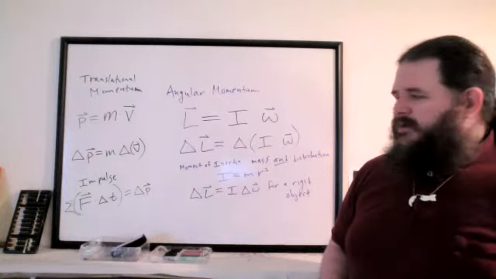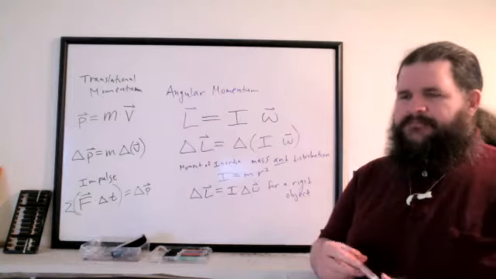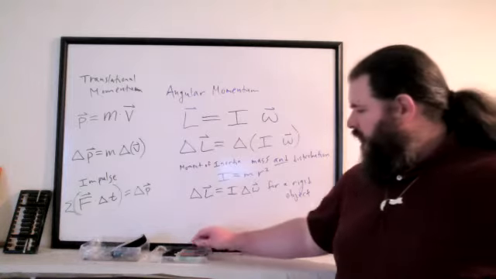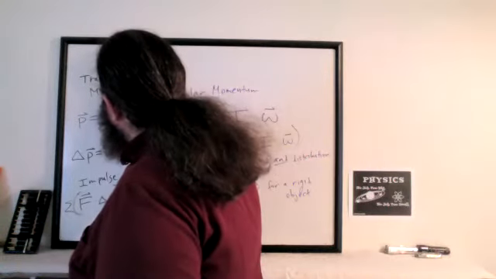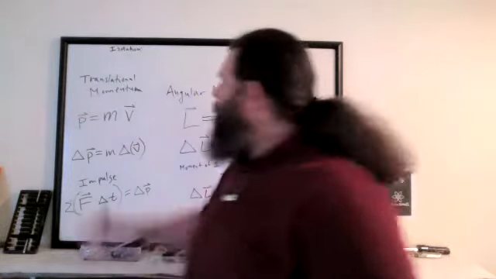In fact, if we're taking a look at an isolated object, let's assume there's no external forces or torques at all. If you've got one object in isolation, you know the initial momentum equals the final momentum.